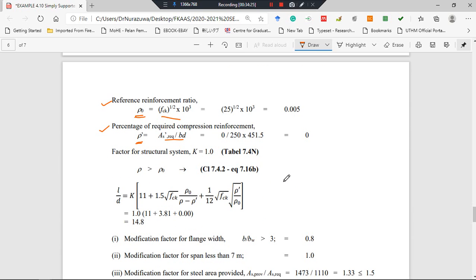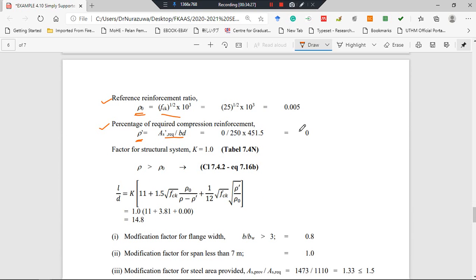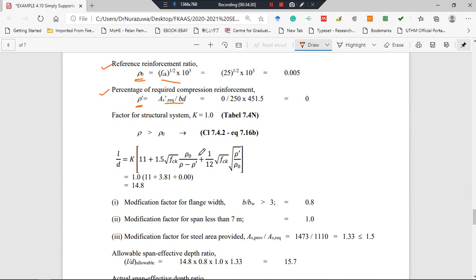We determine that this value is more than this value. Thus, we proceed with the allowable L over D with equation 7.16b. Please refer to this equation from Eurocode 1992 Part 1-1, clause 7.2.3.